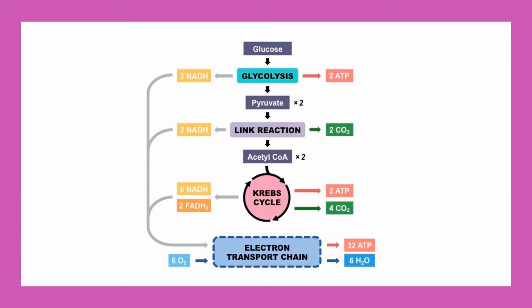A 6-carbon glucose is broken down into 6 molecules of carbon dioxide in 3 main stages, which are glycolysis, Krebs cycle, and electron transport chain. Along the way, energy is harvested as ATP. Except for glycolysis, these reactions occur inside the mitochondria of eukaryotic cells.